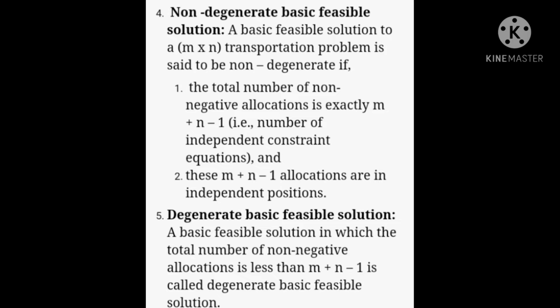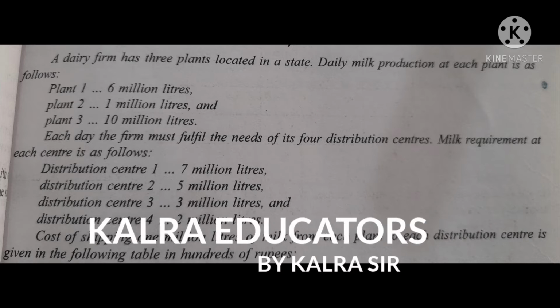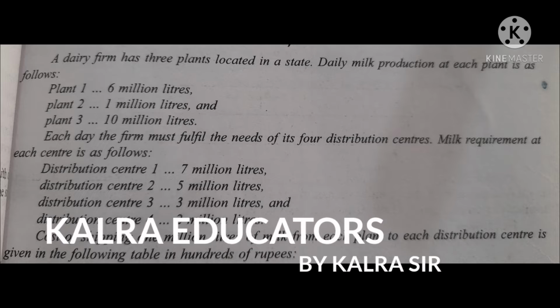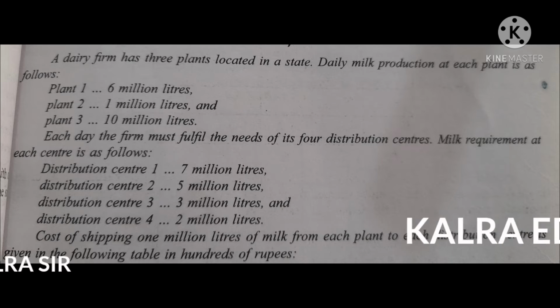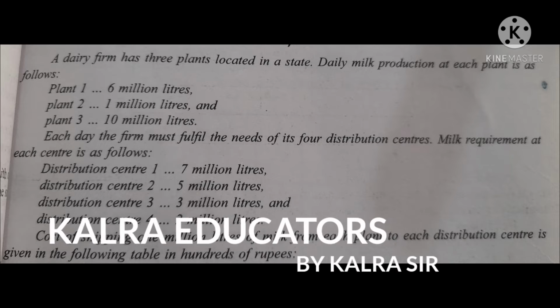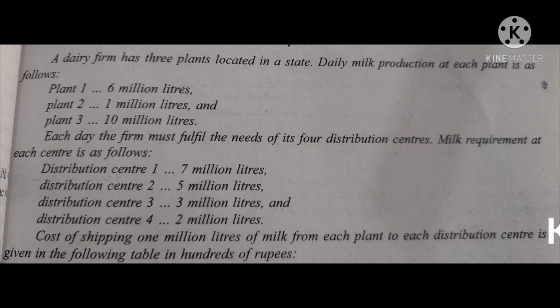Allocation is the quantity we will be allocating in the area, and these should all be in independent positions, meaning there will be no looping. A degenerate solution is when the total number of allocations is less than m plus n minus 1.